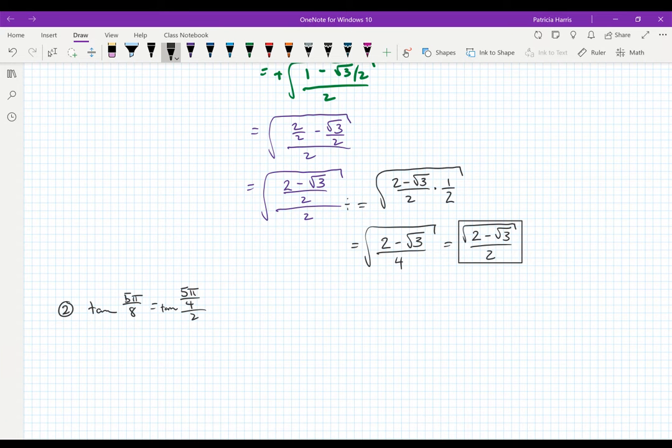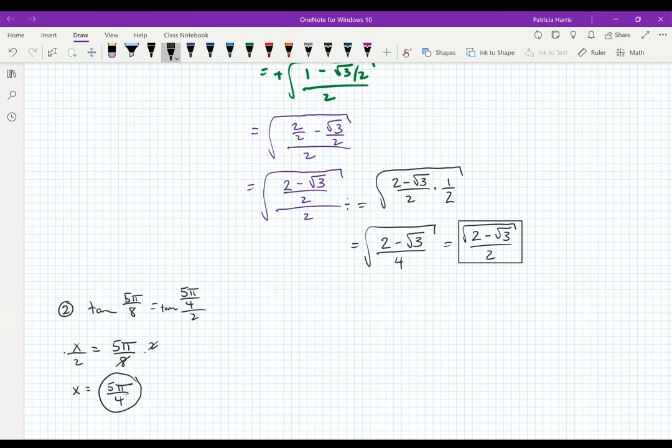Okay, so some of you might be raising your hand going, well, I don't really know how she got that. So what I do is I go x over 2 is equal to 5 pi over 8. I want to figure out who x is. So that's how I figure out who my x is, that I divide by 2.